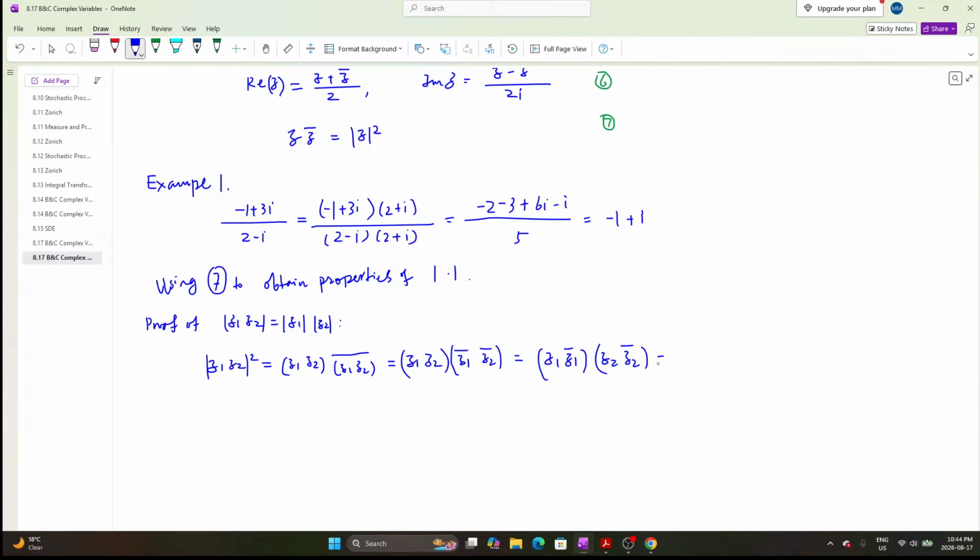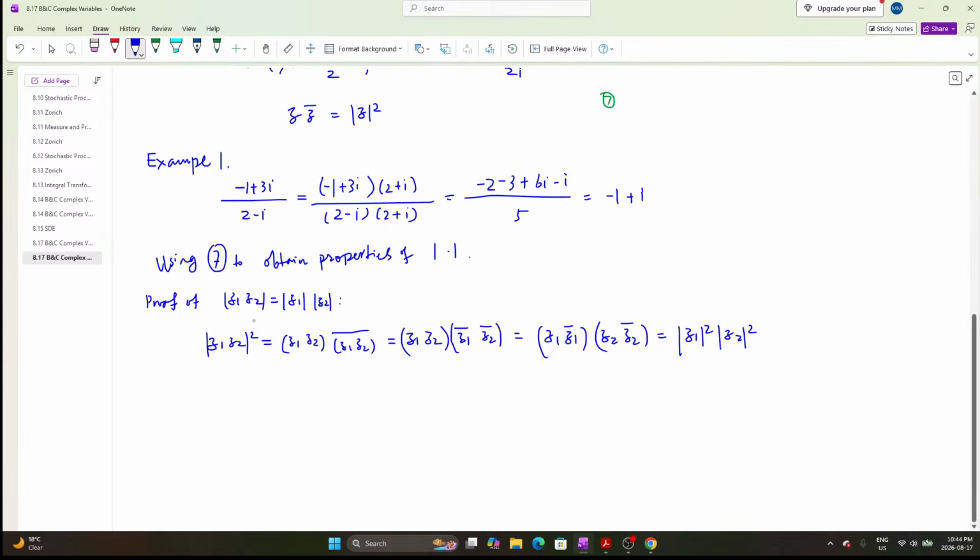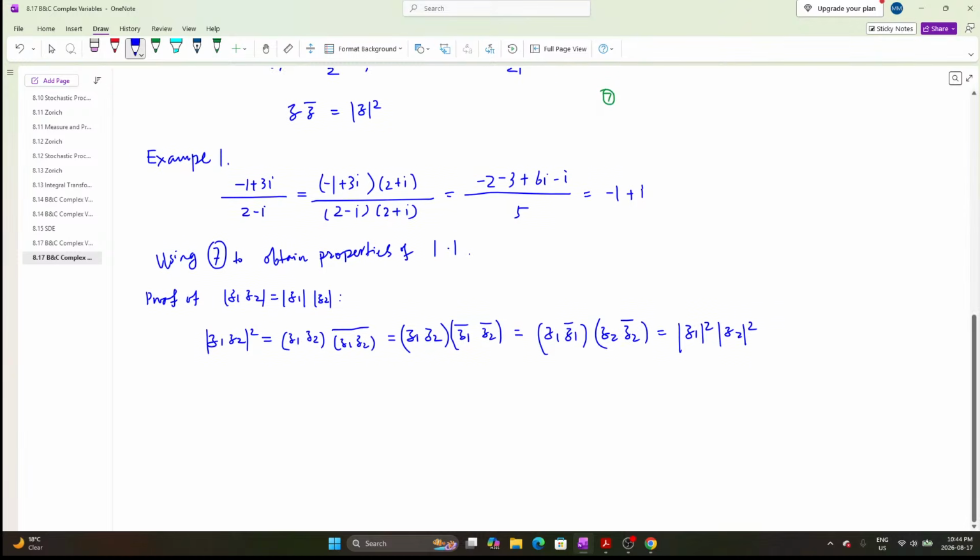And now you have the z1 modulus squared times z2 modulus squared, as needed. So that's the proof of this one. Okay, and this is labeled as equation 8.